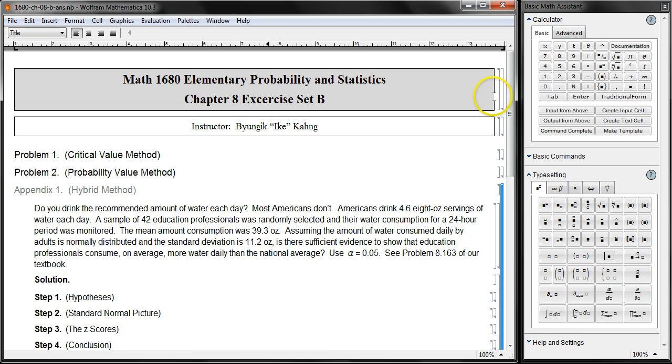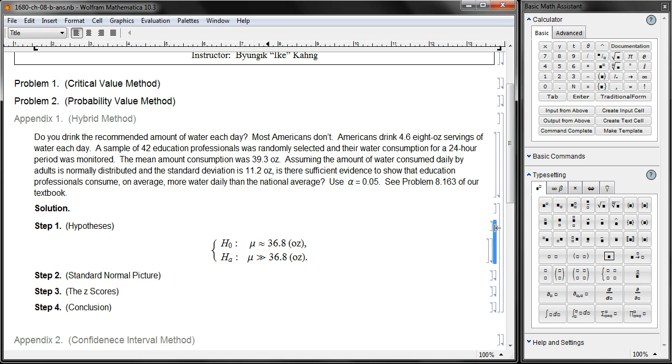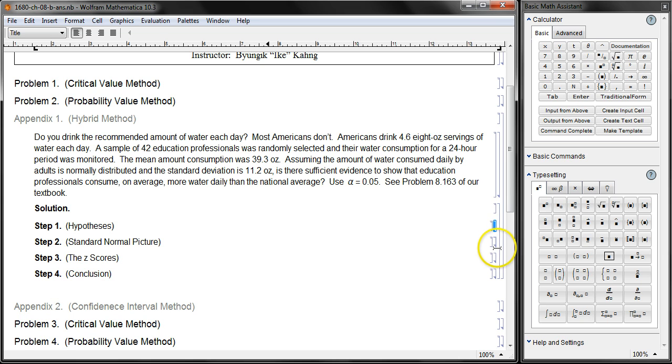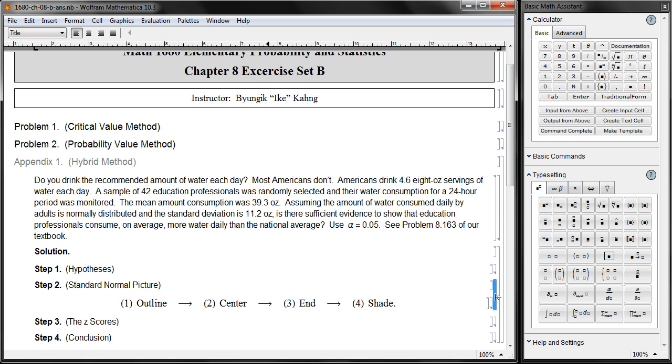Okay, the same problem and same hypothesis. Now let's go over to the method directly. Standard normal picture. Now this one is related to standard normal, not just a normal picture, because we are doing transformation and taking z-scores for both cases.